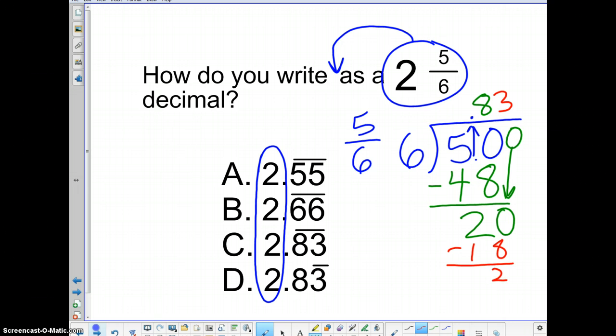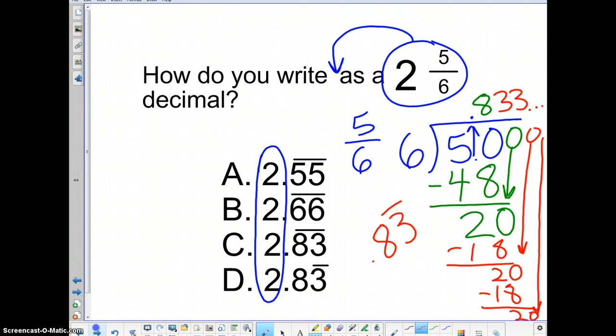We get 2. Bring down the 0. 6 goes into 20 3 times. 3 times 6 is 18. We get 2. Then we would be bringing down another 0, but you can see how this is going to keep going.